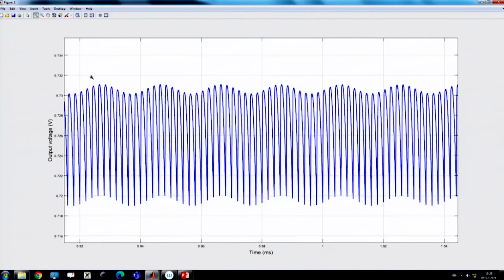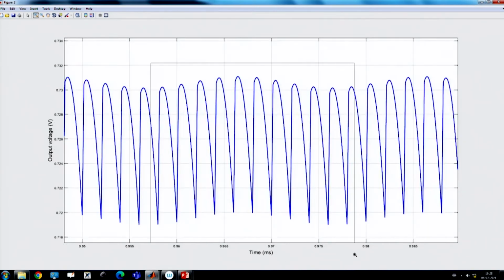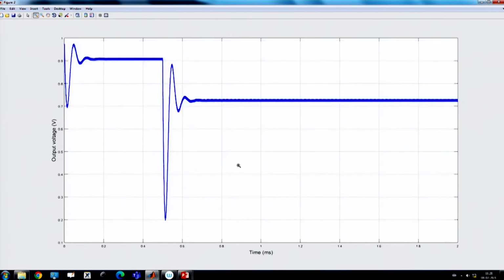That is the audio susceptibility effect, and we can clearly see that the slow scale oscillation on top of the switching frequency in the output voltage is due to the supply oscillation.